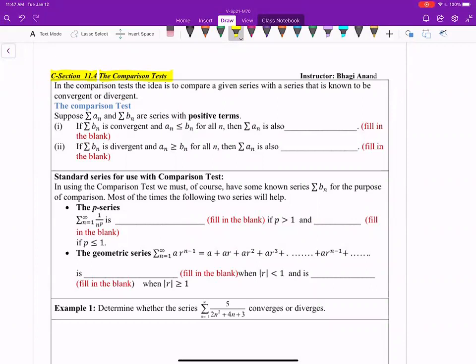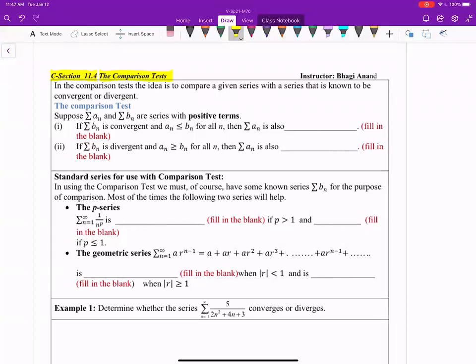the comparison test. So there are several tests we apply to check whether a given series is convergent or divergent. Sometimes we will be able to say exactly what the series converges to, like the sum of the series. Like with a geometric series, we can even find out what it converges to. But most of the time we won't be able to say what the series is converging to.